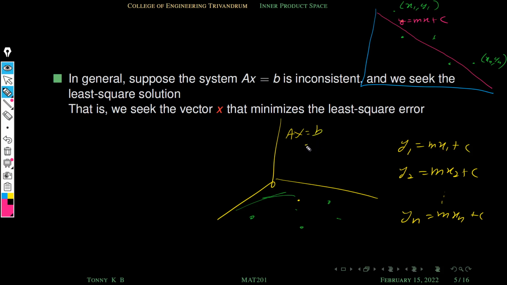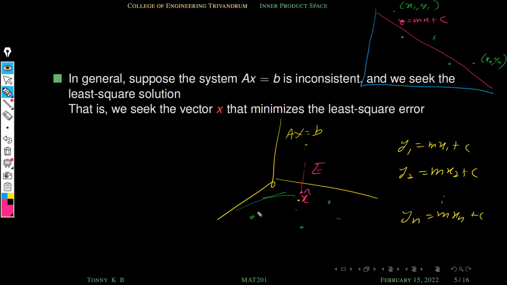In terms of projection, the best solution is this projection, which we denote x cap. So our aim is to find this solution x from the solution space of Ax equals b which is closest to the system. And in terms of our error, you can view this distance as our error e.